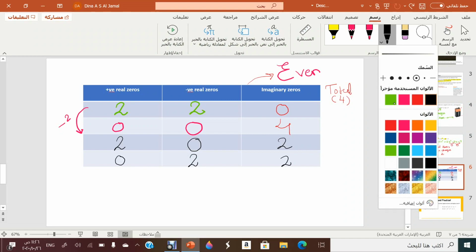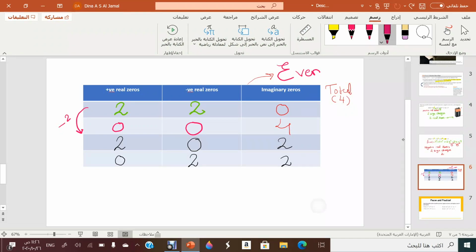At the end, let's summarize this solution. The positive real zeros are 0 or 2.